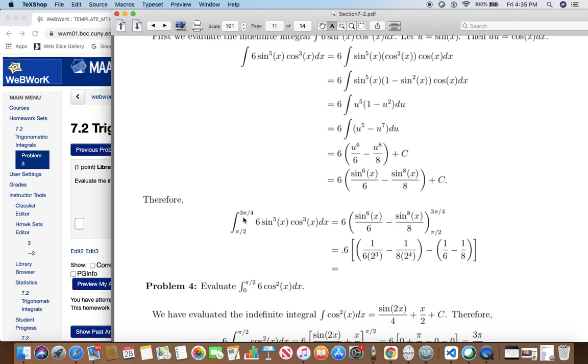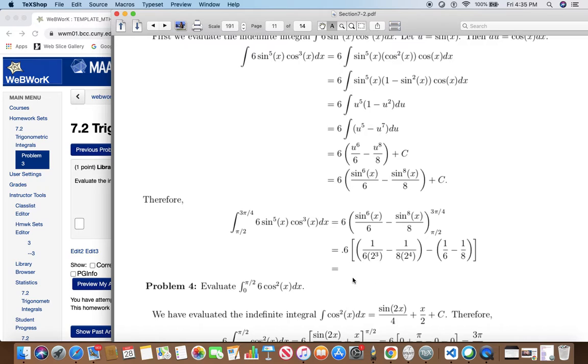Sine of 3 pi by 4 is 1 over root 2. So 1 over square root 2, sixth power is 1 over 2 to the 3rd power. That's where you have this 2 here, by the way. All right. What about sine at pi by 2? Sine at pi by 2 is 1. So I don't have anything other than the denominators here.